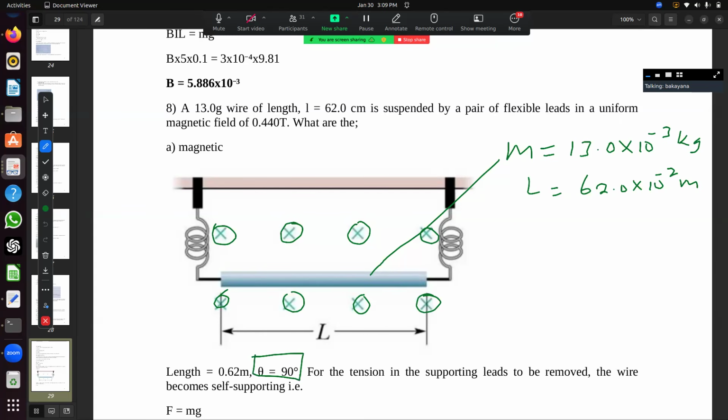So you balance the magnetic force with the weight. Magnetic force is BIL sin 90, which is 1. The weight of the rod is m times acceleration due to gravity. The magnetic flux density you have from the question, the length you have, the mass you have, so you can get the current. That okay?